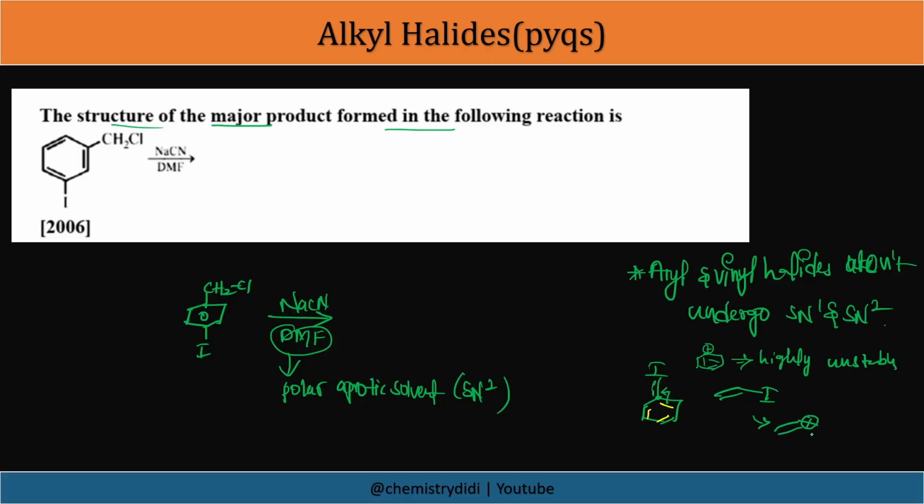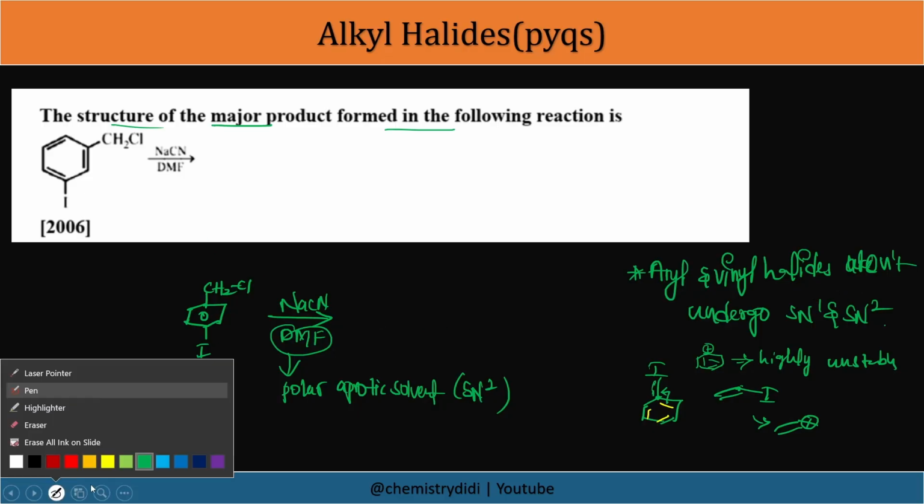It is not even getting stabilized by the resonance, so it won't undergo SN1 and SN2. This halide is attached to an sp2 carbon, right? So that's why this is one of the important points. Generally, aryl and vinyl halides won't undergo SN1 and SN2.